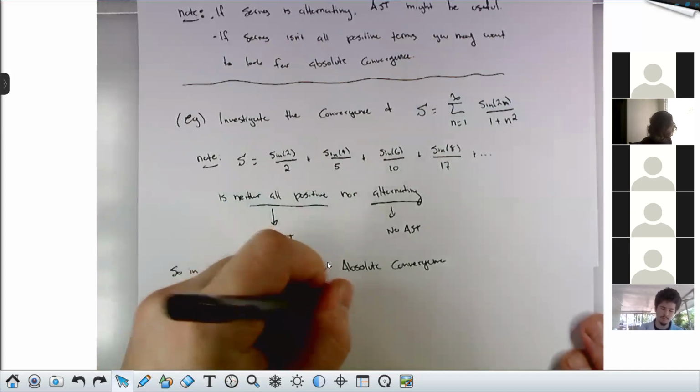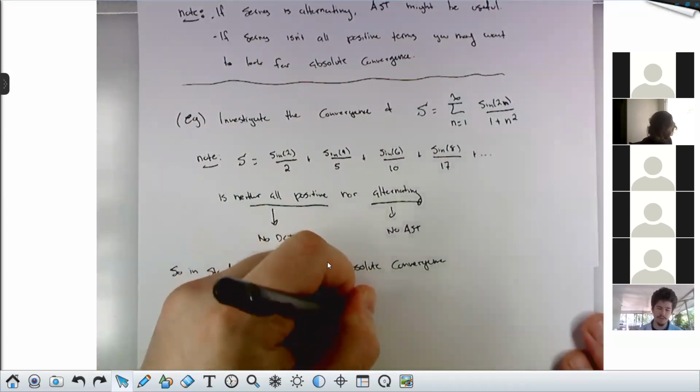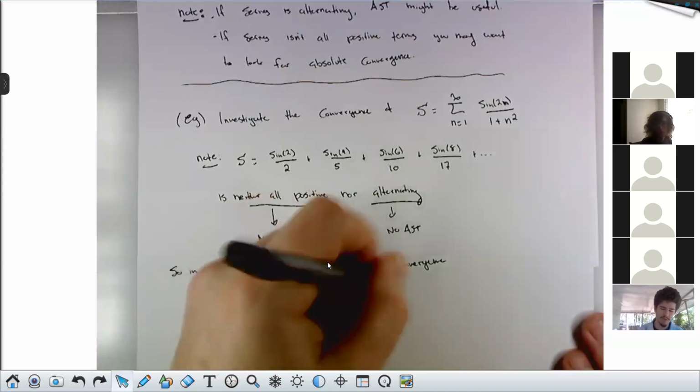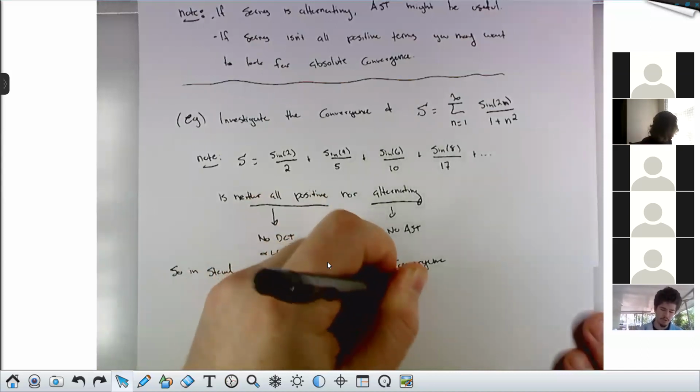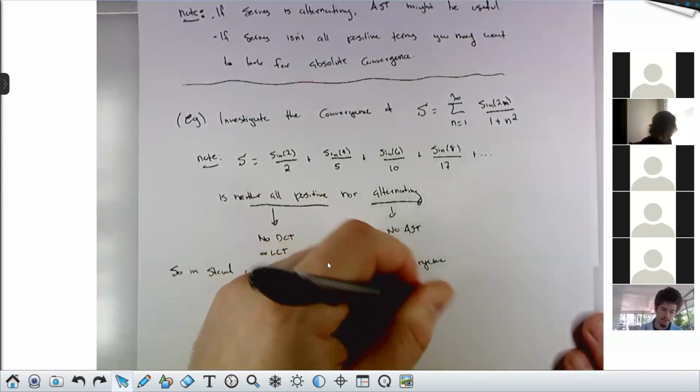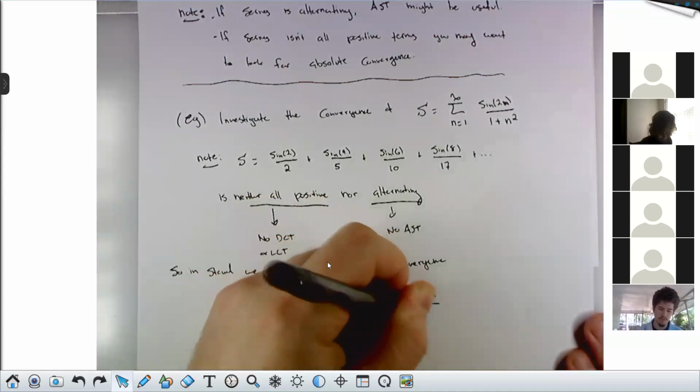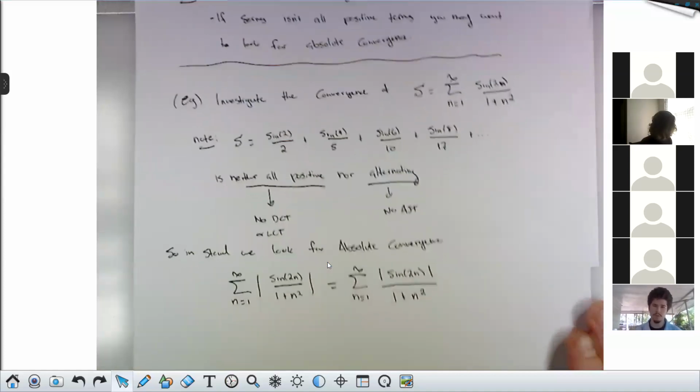Now 1 plus n squared downstairs is definitely always positive, so I would simplify this as the absolute value of sine of 2n over 1 plus n squared.